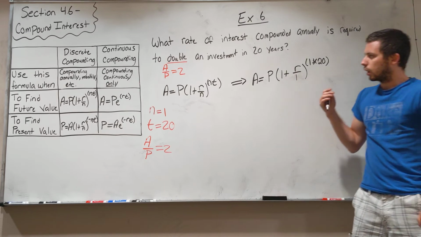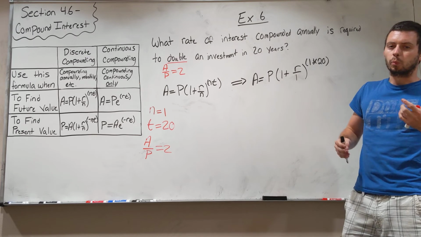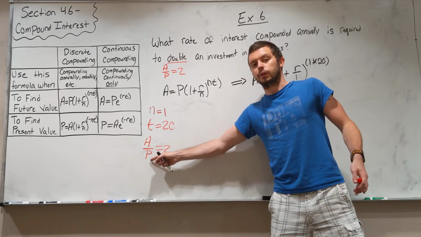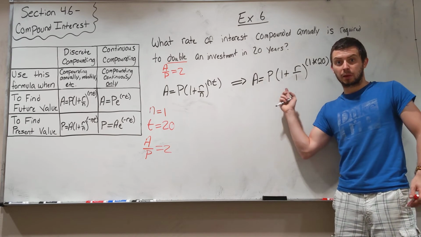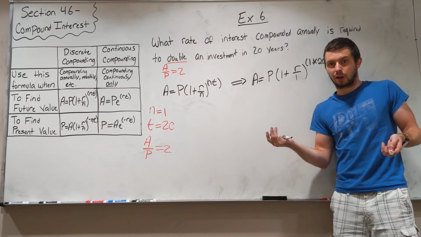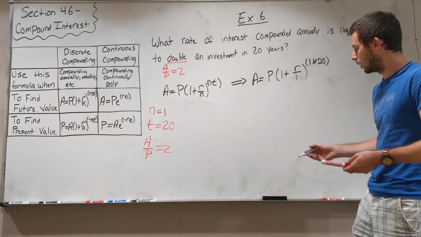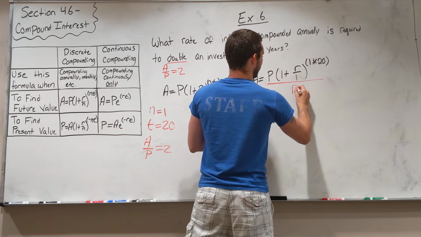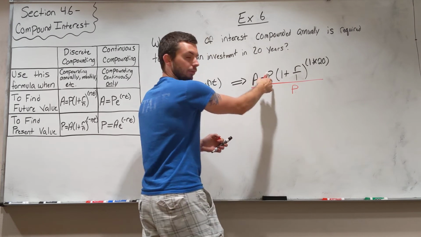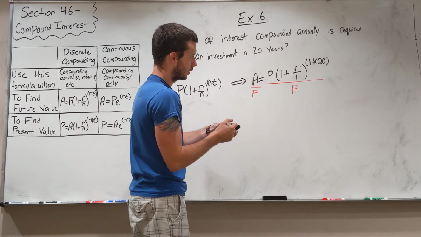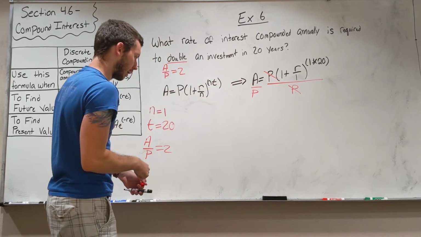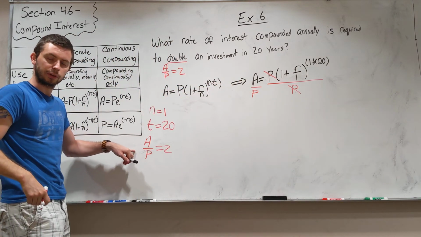I'm trying to find a way to motivate this quotient over here, because we can divide both sides by P, and we actually did this when we solved for time. So we're going to do the same thing here. It's just instead of an actual number, we're dividing P on both sides. And then we have this A divided by P, which I mentioned over here is 2.